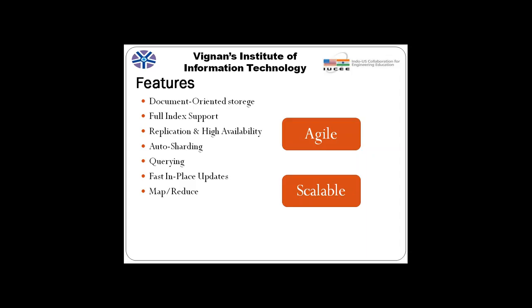Partitioning is not automatic in SQL, whereas here sharding is automatic. Then querying, fast in-place updates, and there is a concept of map reduce, because every data is, at the end of the stage, divided in the form of key value pairs.